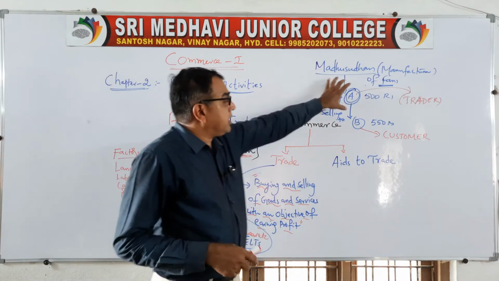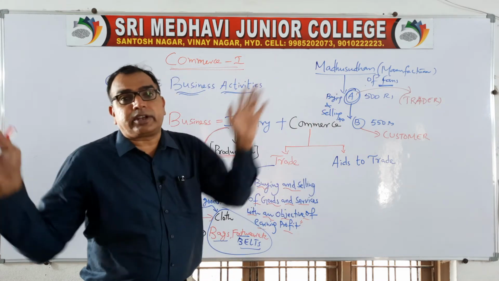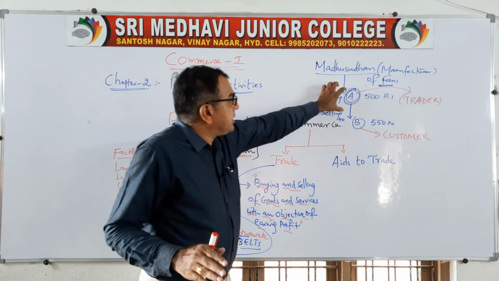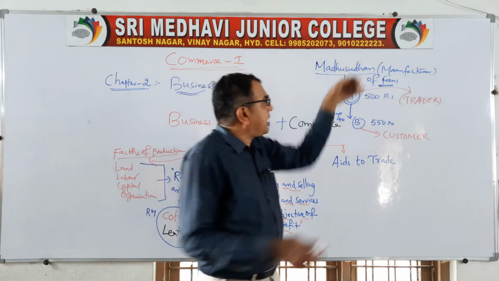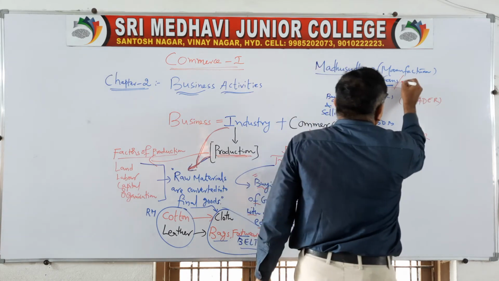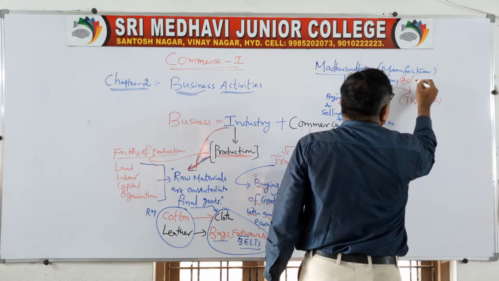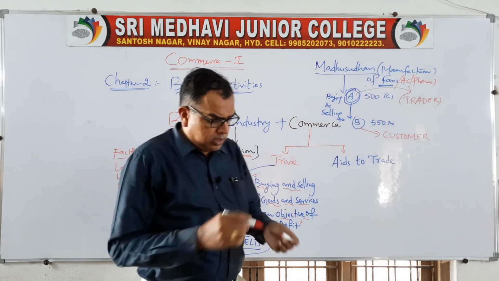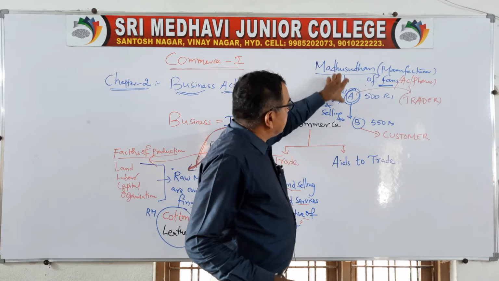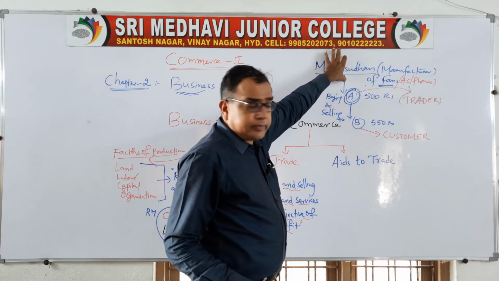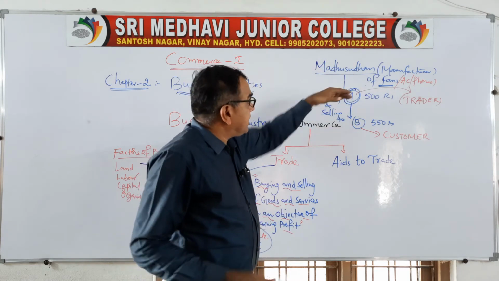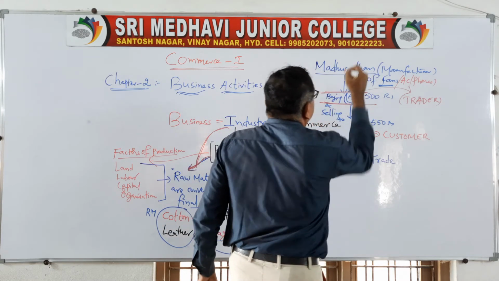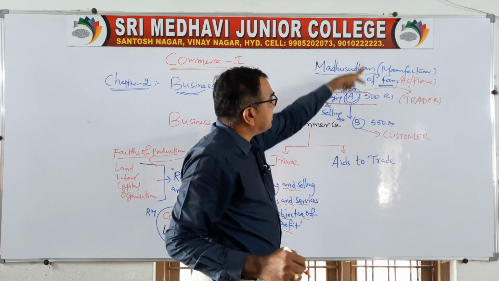Understand? A is not in a position to manufacture. He does not have the technology. He doesn't have the investment. Simply, he is buying the goods, whatever it may be, maybe fans or ACs or phones, any commodity, from Mr. Madhusudan and selling it to Mr. B. So A is acting as the middleman between the manufacturer and the customer.